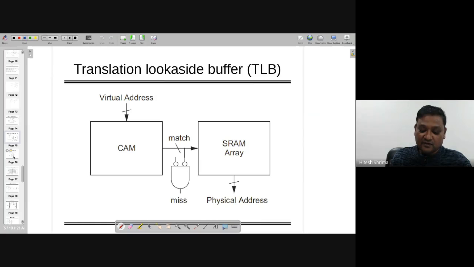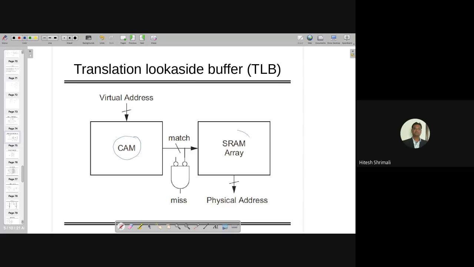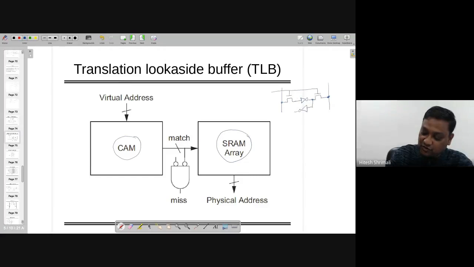The second thing is, if you go a little bit inside, CAM is actually designed with the same SRAM array, which you have studied and which you know how to design. When I'm saying how to design it, it means finding out the W and L of a given transistor.